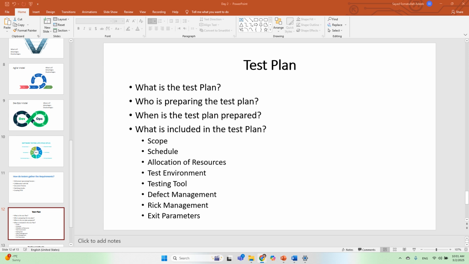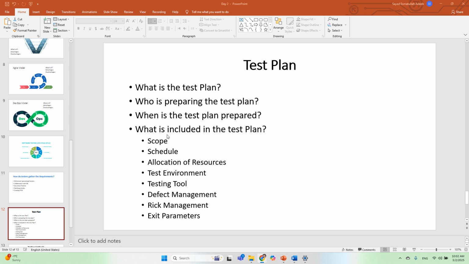In the same phase, the test team creates their test planning. While they're creating the test planning, they need to collaborate with developers, business analysts, and other stakeholders to ensure coverage and accuracy for that product. So that was the third question.